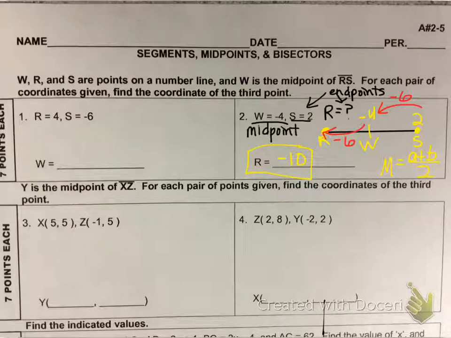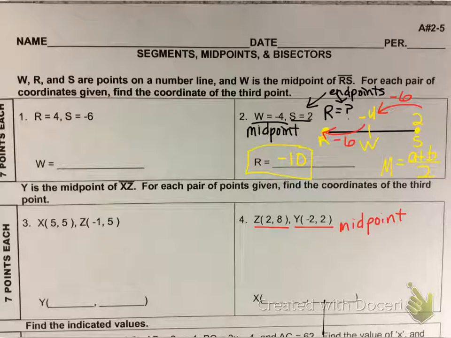What does it tell you in the instructions? So Y is the midpoint. So this is the midpoint. All right, so the midpoint, -2, 2. We know one of the endpoints.